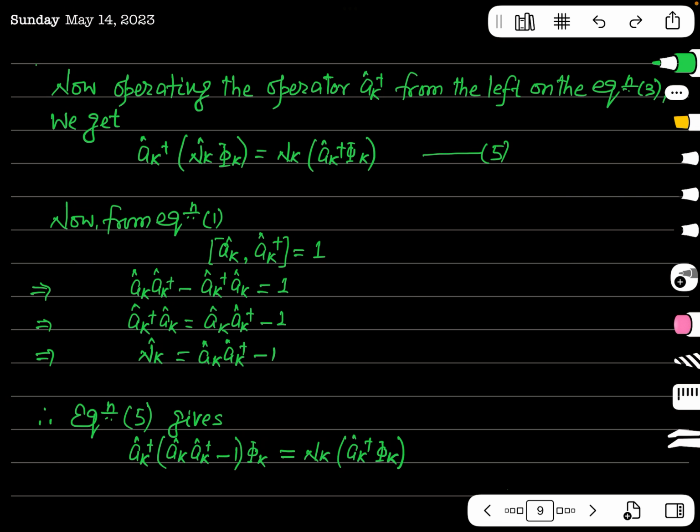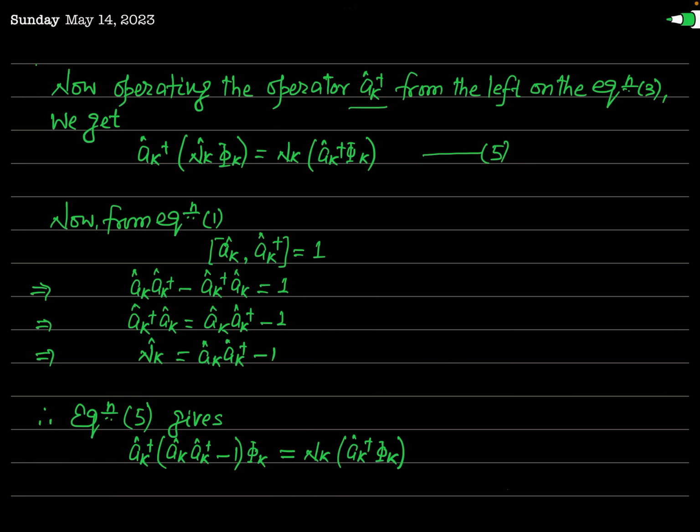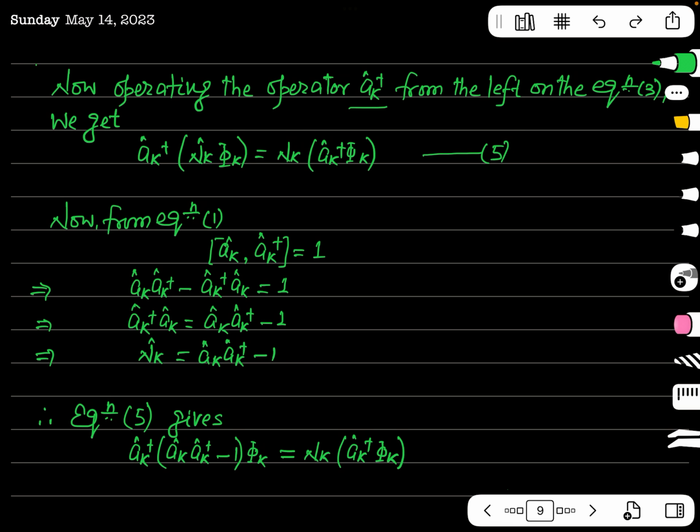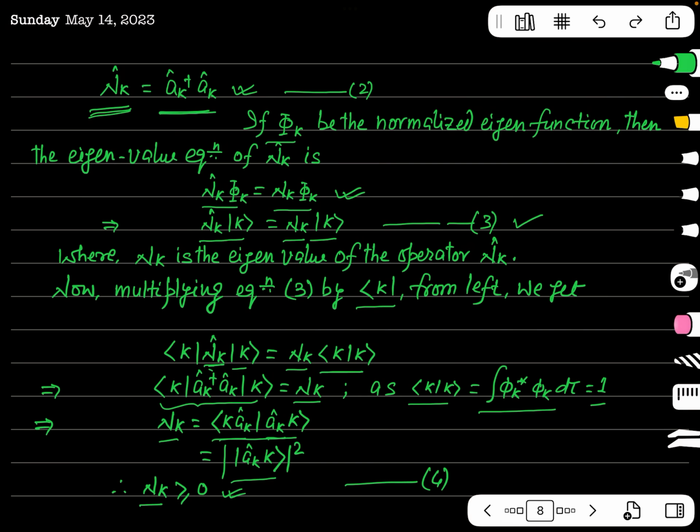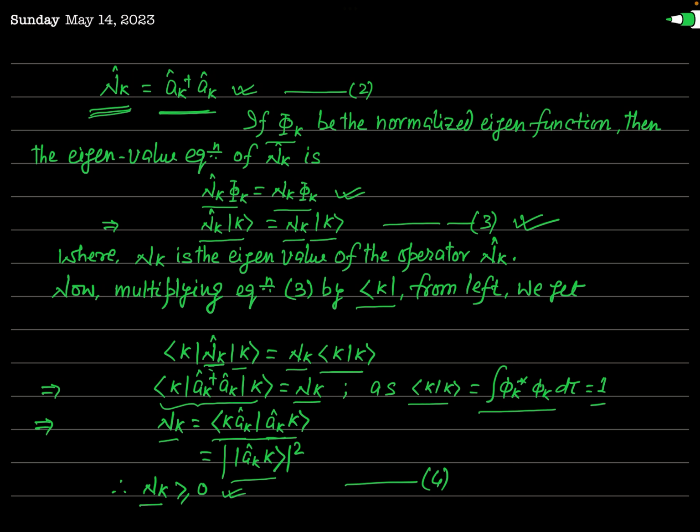Now we operate the operator ak hat dagger from the left on equation 3. You can see this equation 3 here, and as I have told you, we operate ak hat dagger from the left side on this equation 3.